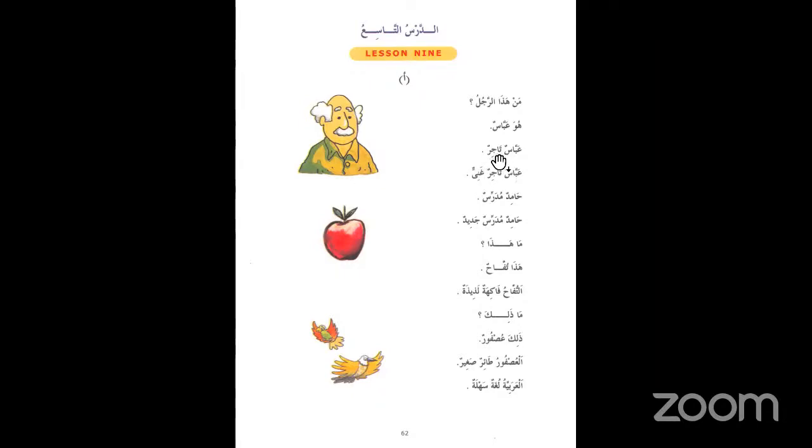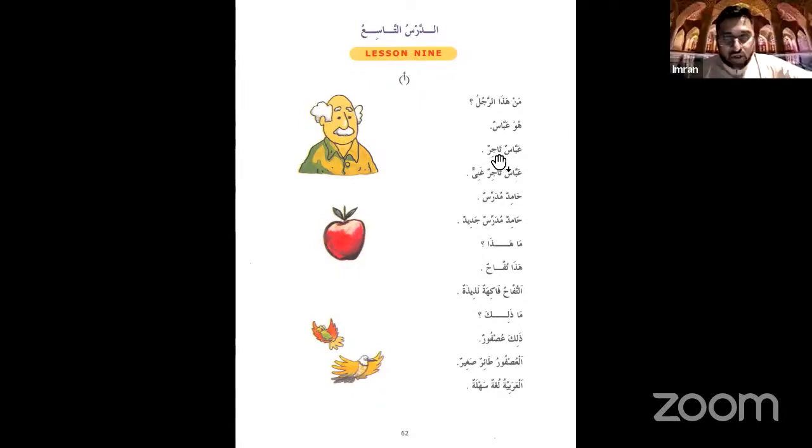As you know, the word Tajir is coming as the khabar, so the khabar is going to have an adjective attached to it. So when we say Abbasun, Tajirun, Abbas is a merchant. What type of merchant is he? Ghaniyun, the rich merchant.